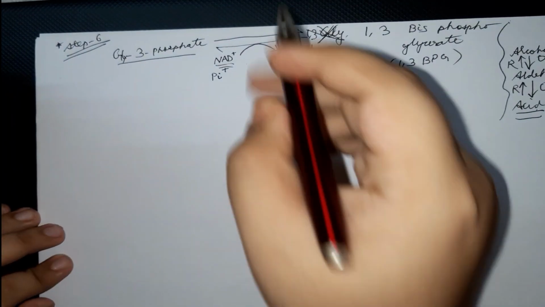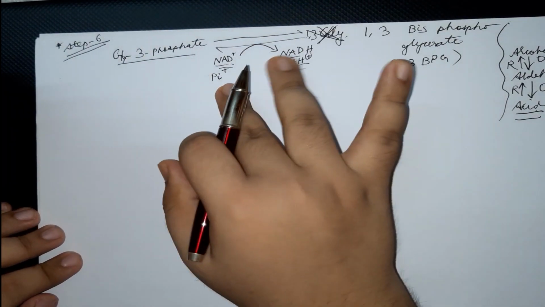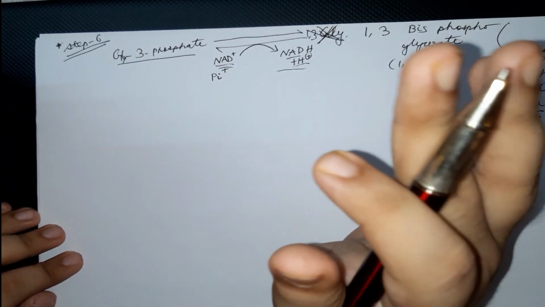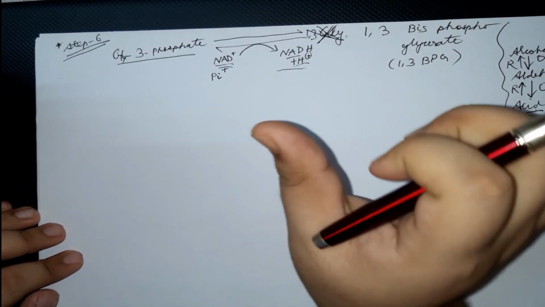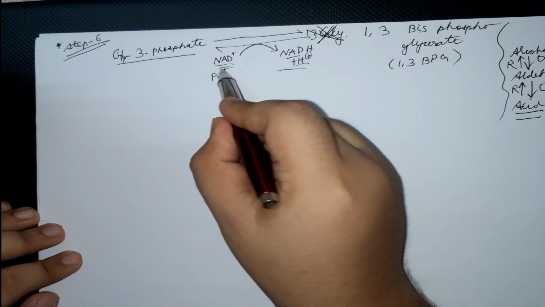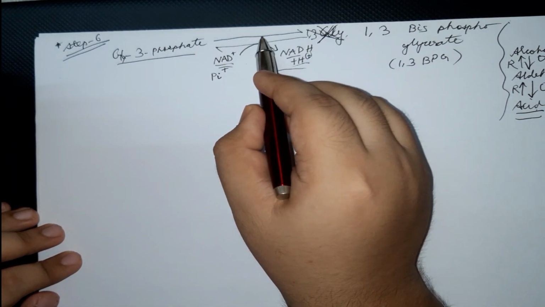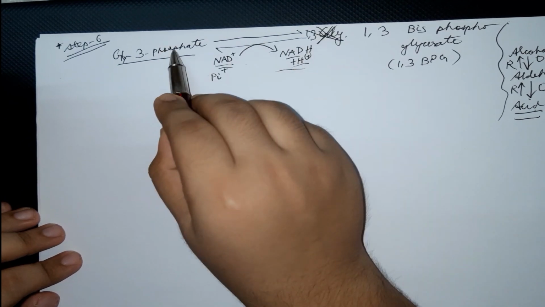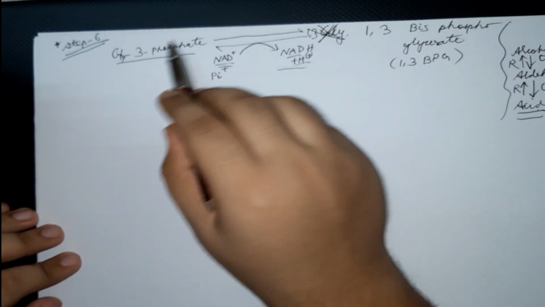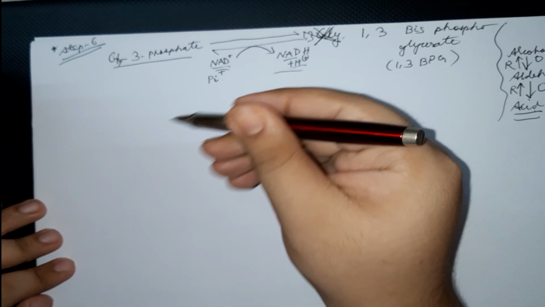So now, what will be the name of the enzyme? I said all of this first and now I will tell the name of the enzyme because now it will make sense. So what is happening here? Dehydrogenation, yes, because hydrogen is being removed from this compound and hence it is being oxidized. So a dehydrogenase.